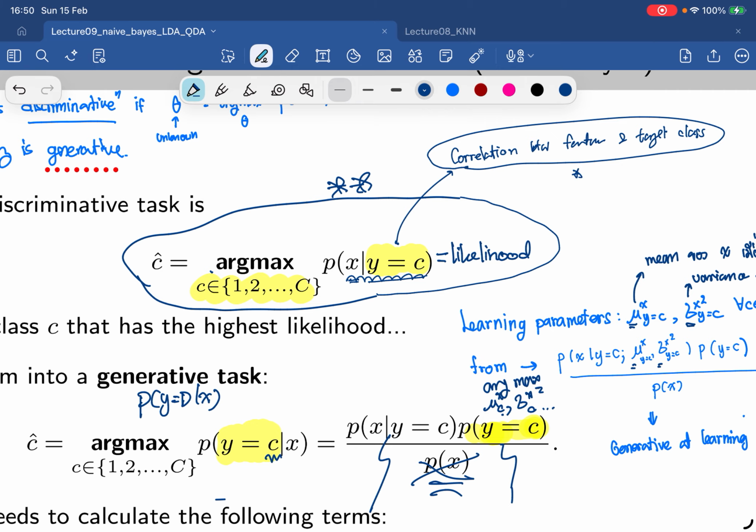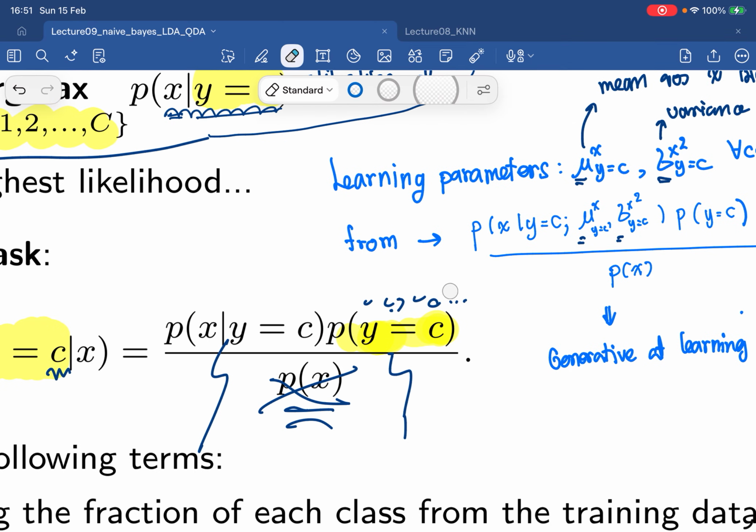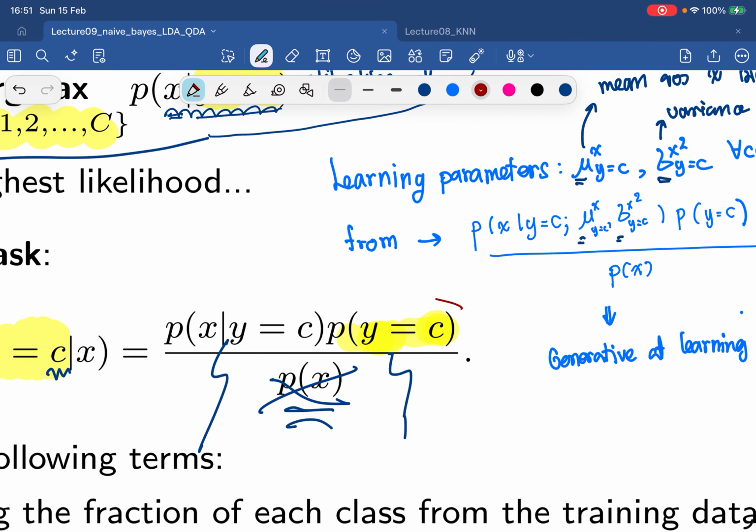But actually, aside from this likelihood function, that is the probability of x given y equal to c, we can also add more information, that is the prior information. We can actually add this prior, the probability of y equal to c.